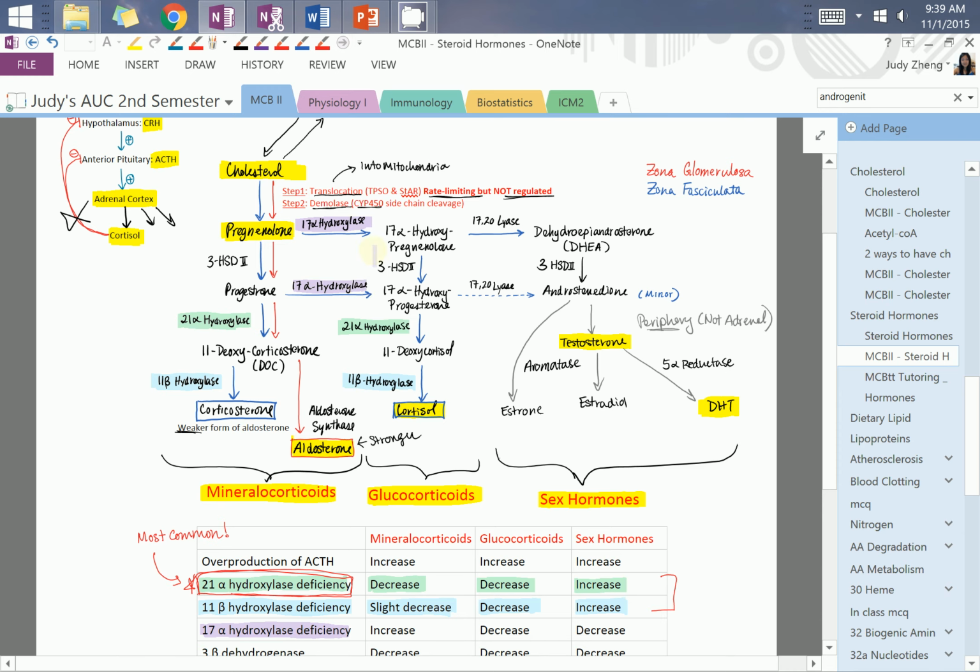But since this pathway goes over to the production of glucocorticoids and the sex hormones, you have a deficiency in the production of glucocorticoids, and you have deficiency in the production of sex hormones. However, since the substrates cannot be used to make glucocorticoids and sex hormones, there are more substrates available for making mineralocorticoids. So you have an increase in mineralocorticoids here.